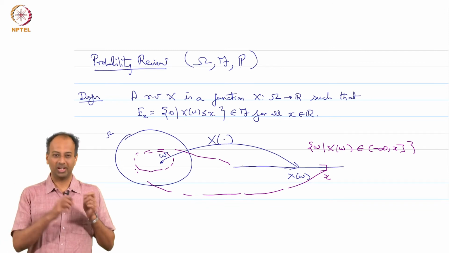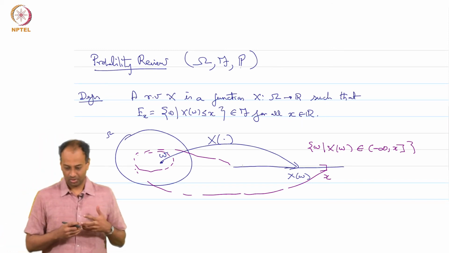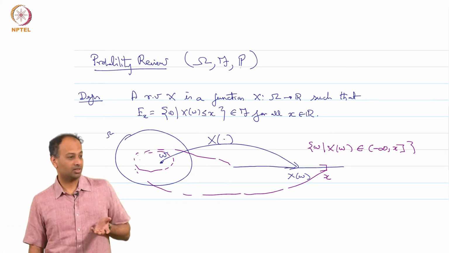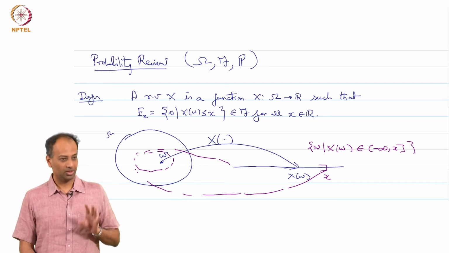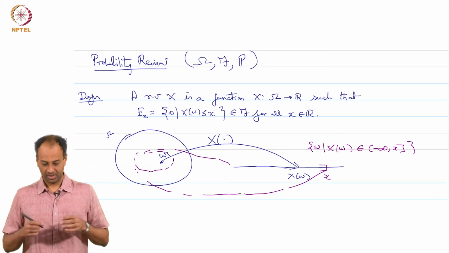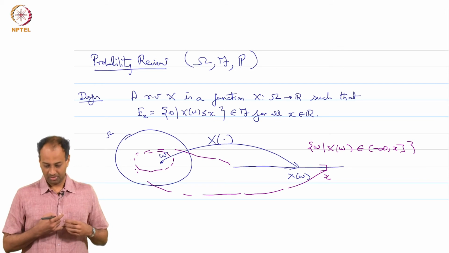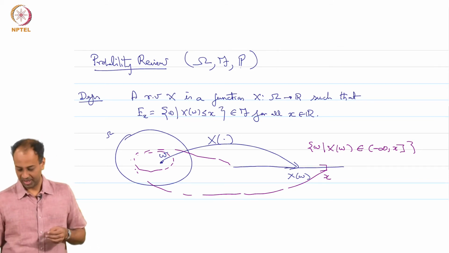There are some omegas which map to less than or equal to x, there are other omegas which map to greater than x. You look at those omegas which map to less than or equal to x. So, that will be some subset of the sample space, obviously. You want that to be an event for every real x. Such a function which satisfies this property is called a measurable function. In probability it is just called a random variable.